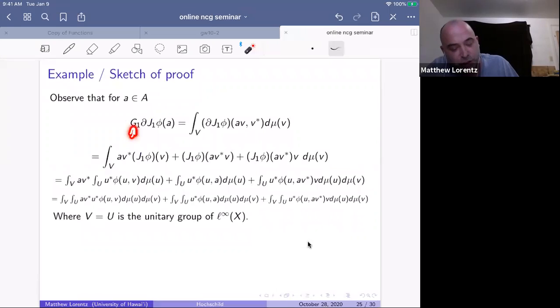So first we apply G1, we take it to the averaging operator and put a V in that coordinate, we get a V star there. Then we apply the boundary map. So we get these three terms inside of our averaging operator. Then we apply the J1 map. So we end up averaging again in each term.